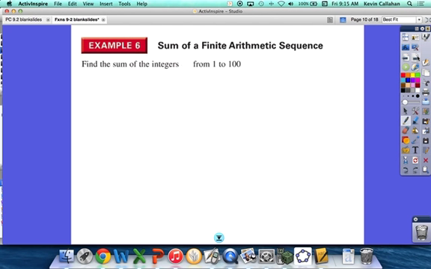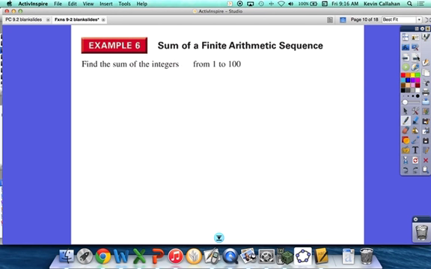Now, a lot of you will just write down 1 plus 2 plus 3 all the way to 100 and start trying to add them up. I've seen it, usually on the back side of the test, with no formulas used. That's what I would call the brute force method. And sometimes it works, as long as you don't make one mistake anywhere along the way.